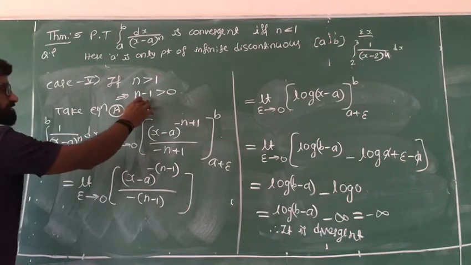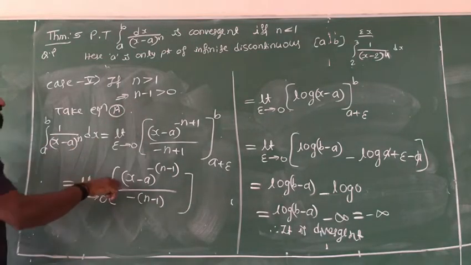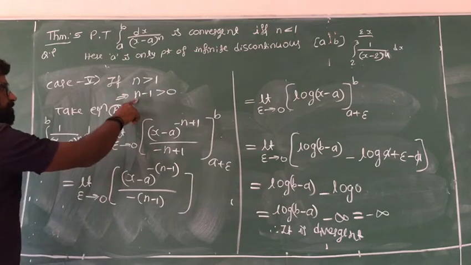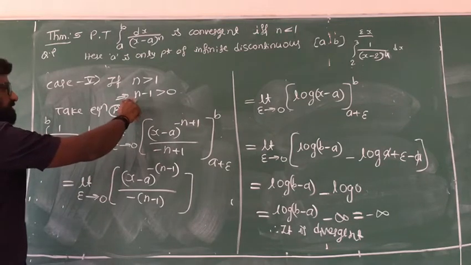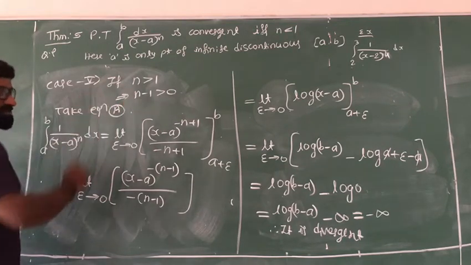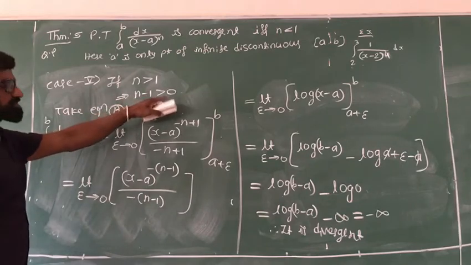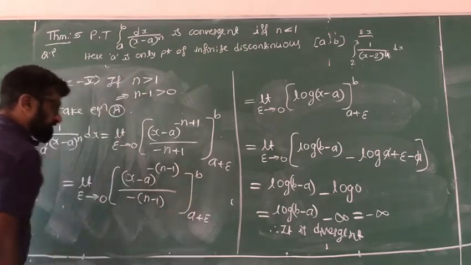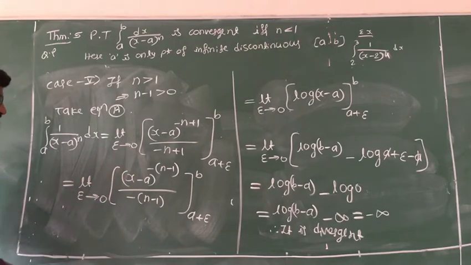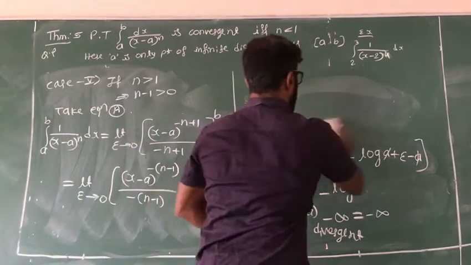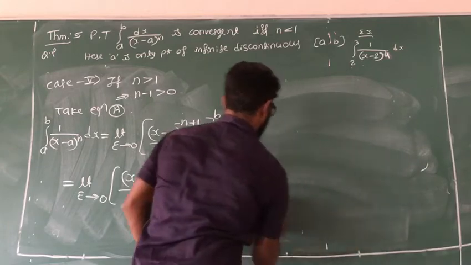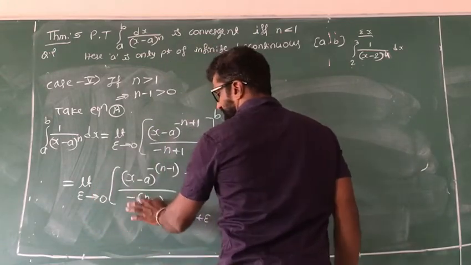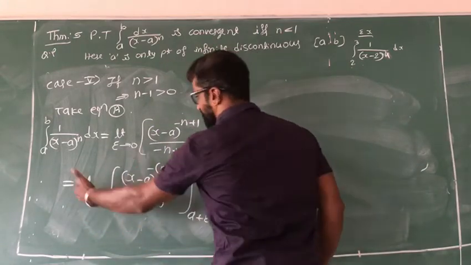Why did n minus 1 come? It is always greater than 0. If you put n is equal to 2, 3, 4 like this, it should be greater than 0. So a plus epsilon to b. Now simplify this, right? Minus keep as it is, n minus 1 is a number, take it outside.